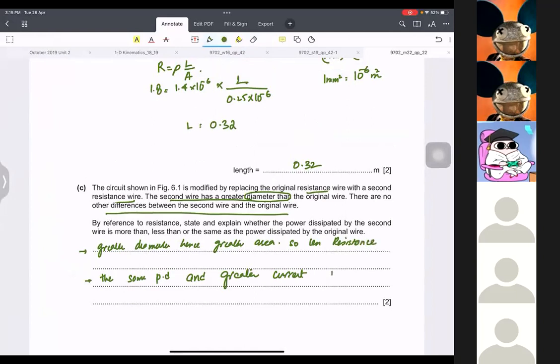So greater current means, according to power equals VI, more power dissipated. So that should be written. Why is the current greater? Because the resistance reduces. Resistance is not really fond of current. That's fine.